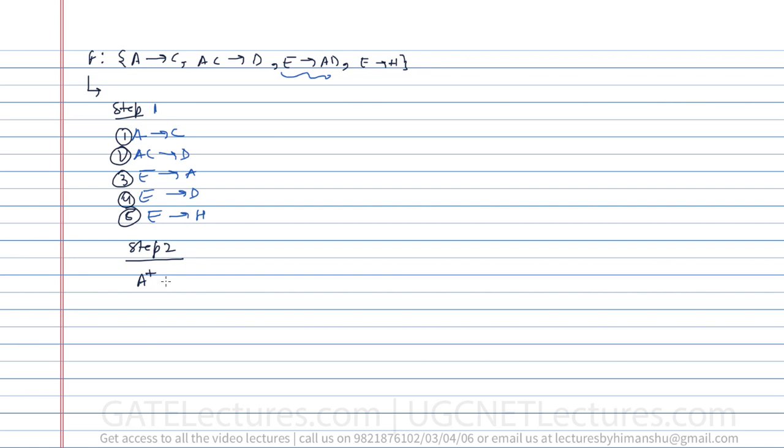If you compute A closure, let us see which functional dependencies you are using, because if you use them to find A closure, then obviously they are needed. A determines AC, and with the help of AC you can determine D, that means the second functional dependency is used. Functional dependencies 3, 4 and 5 are not used. Okay, so fine.